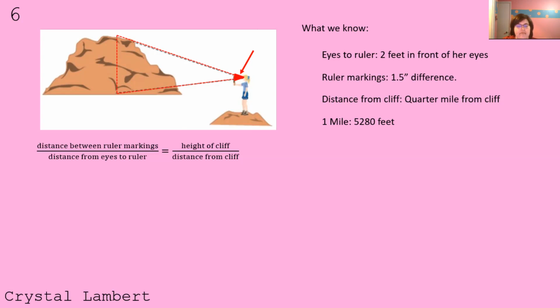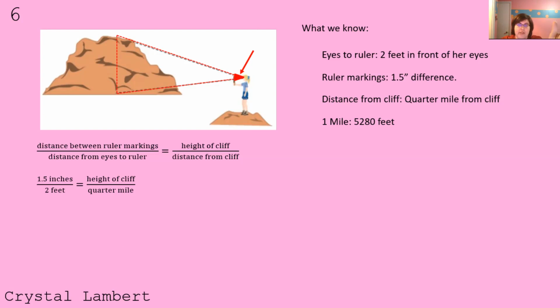So let's input our data. The distance between the ruler markings, the difference, was 1.5 inches. Then the distance from her eyes to the ruler, remember she was holding that ruler out 2 feet.